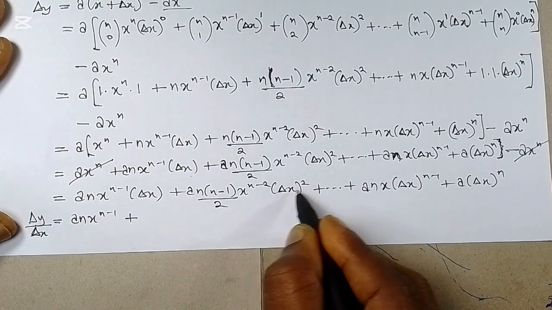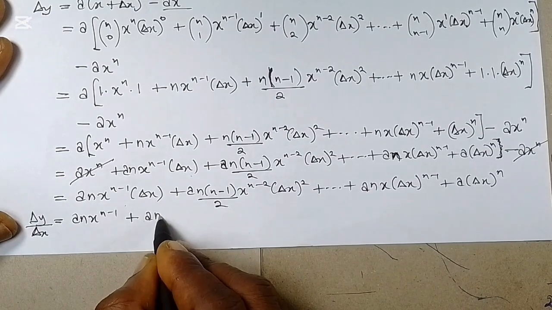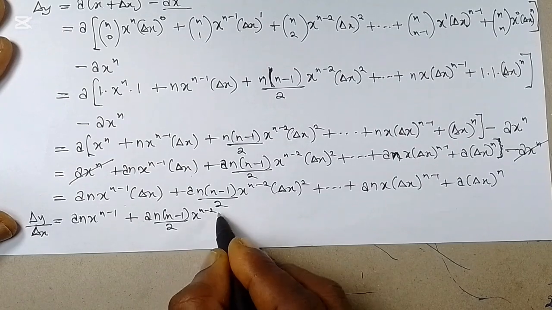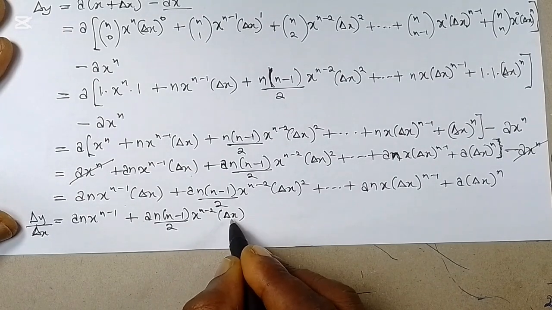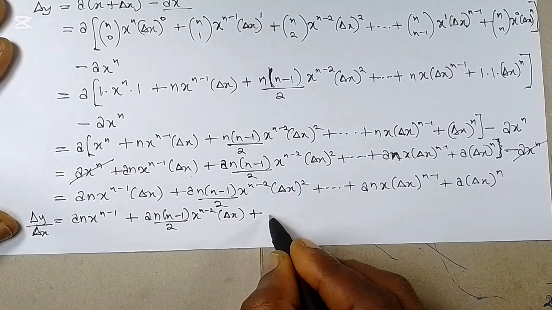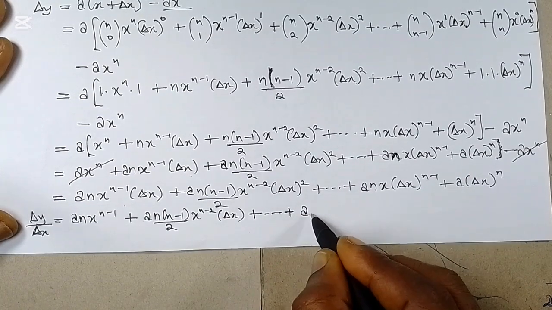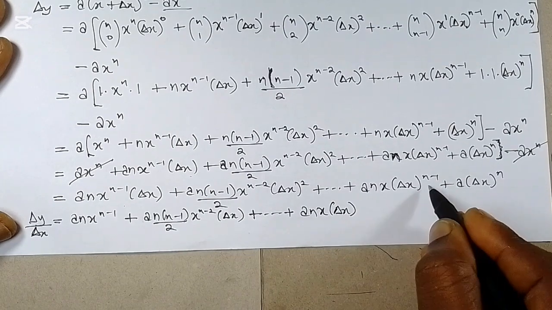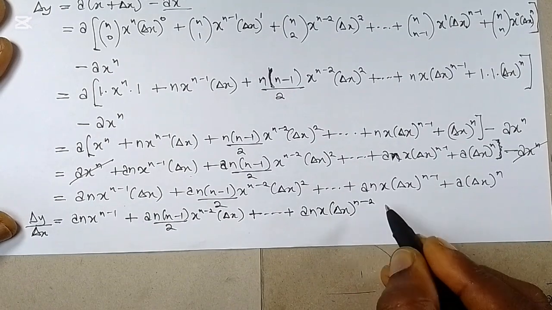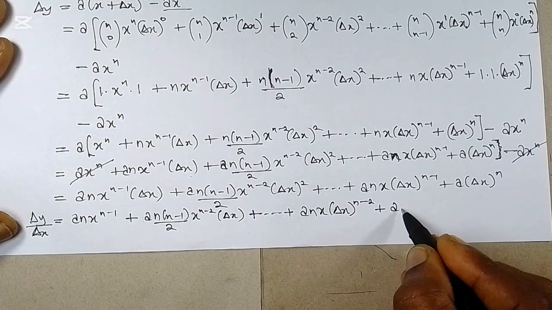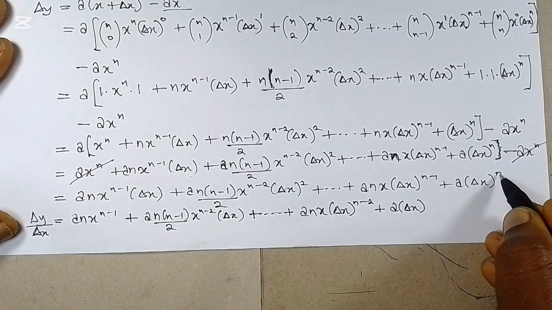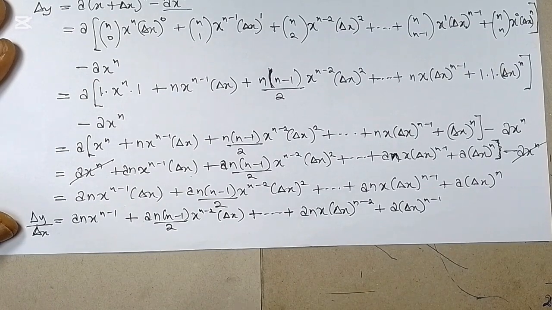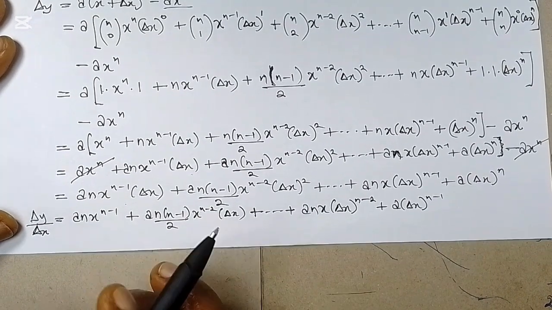If you divide the next by change in x, you have a n(n-1)/2 x^(n-2), and one change in x will remain because one cancels off, plus a n x change in x, where the power decreases by 1, so this will be n minus 2, plus a change in x. Instead of a change in x raised to power n, you have n minus 1. So doing that implies that we've gotten the gradient function.